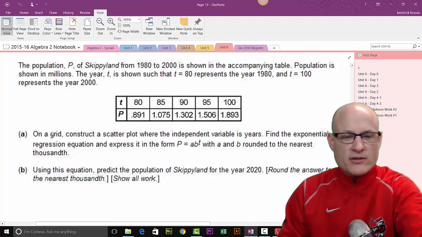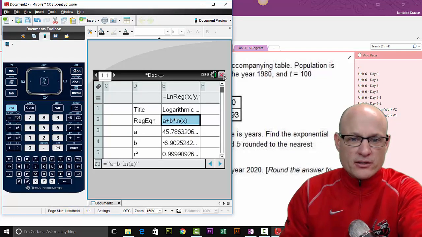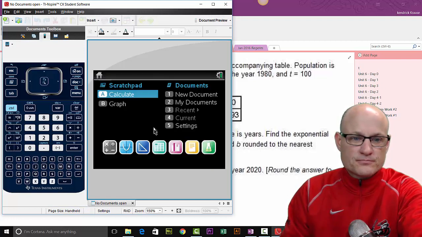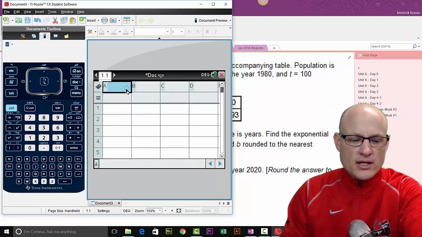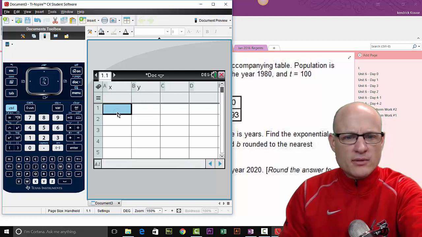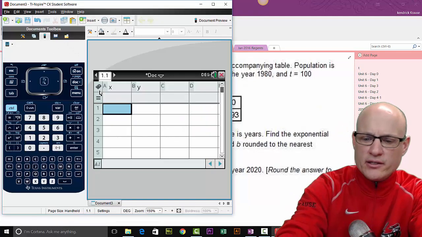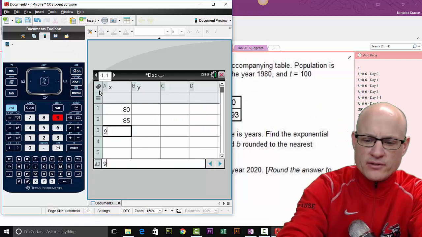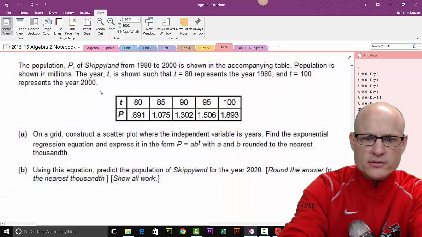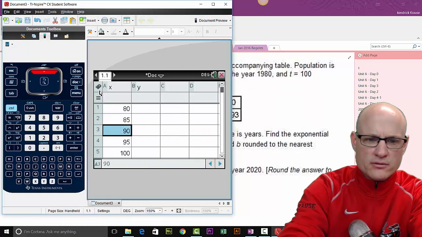Exponential. Okay, so we're going to do this last one. Last problem, thank goodness. So X and Y, my doggy's getting restless: 80, 85, 90, 95, and 100.